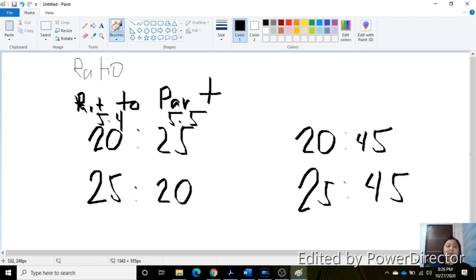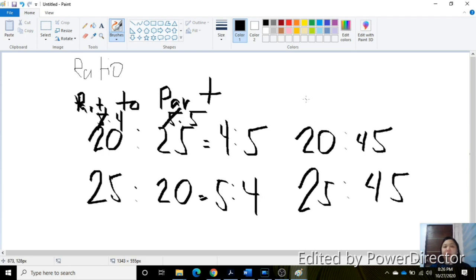Kakancel mo yung 5. Ang susunod na ratio mo na ay 4 is to 5. It's just the same with 20 is to 25. Ganun din yon, kabaligtad lang, 5 is to 4.